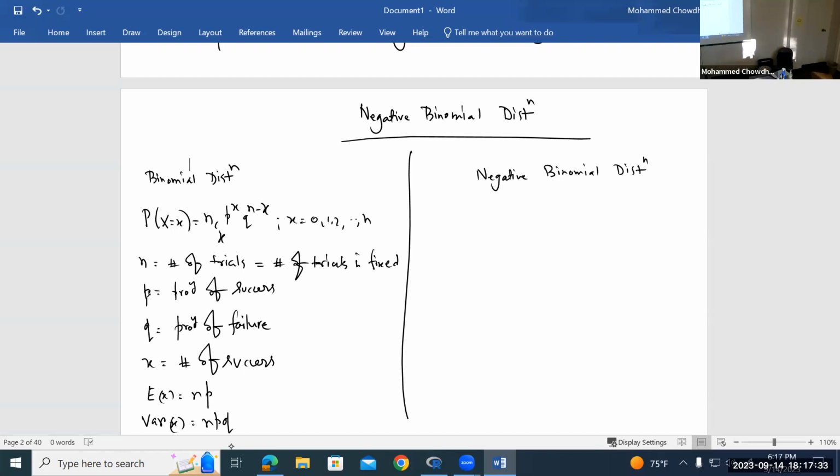This value must be given. Before doing the experiment, this N value must be in your hand. Understand? That is the main concept by which the two distributions are distinguished. Now, the probability of success is given. The probability of a boy is 70%.